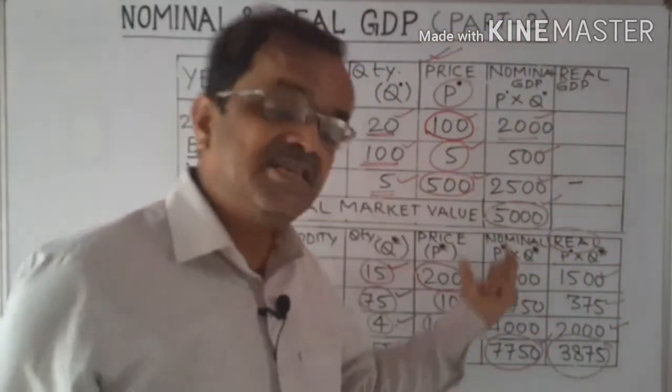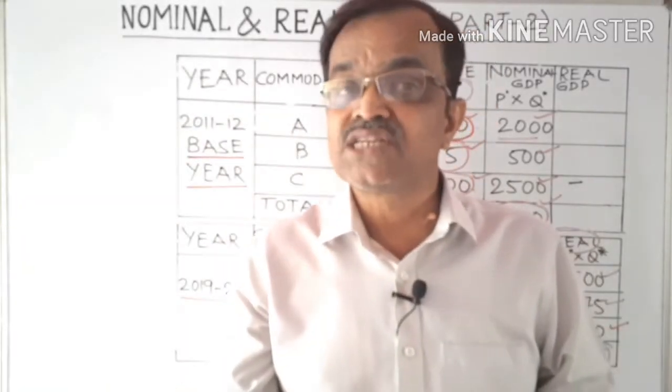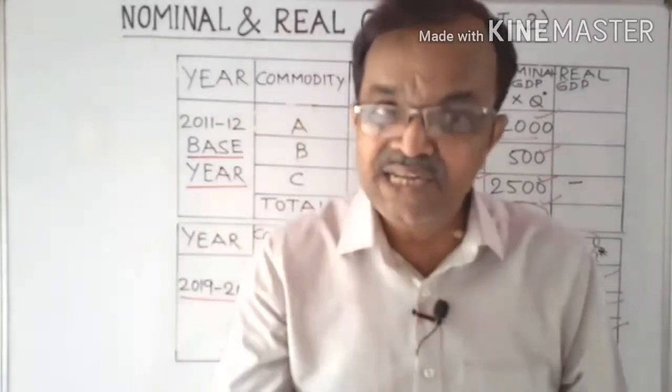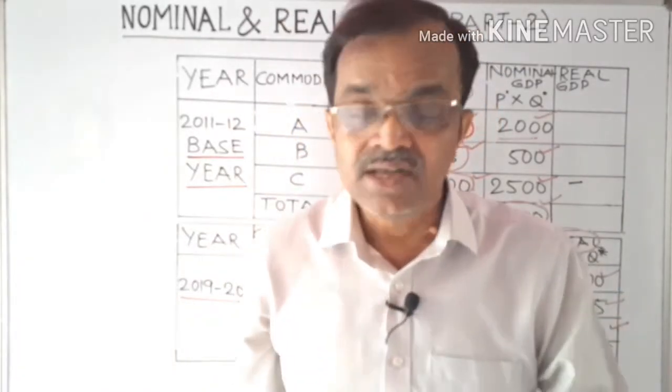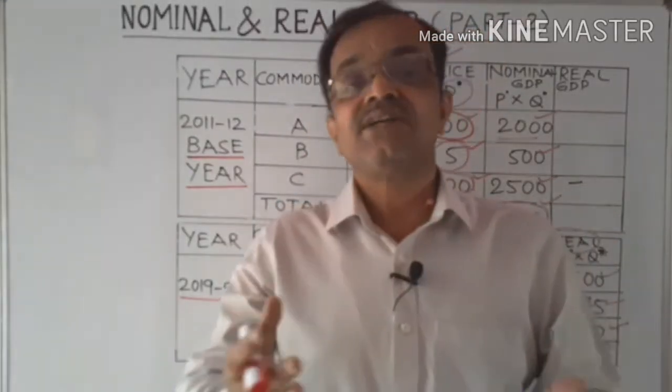Therefore, comparing these two situations, we can say that GDP at constant prices, that is real GDP, is a better indicator of economic welfare when compared to nominal GDP or GDP at current prices.